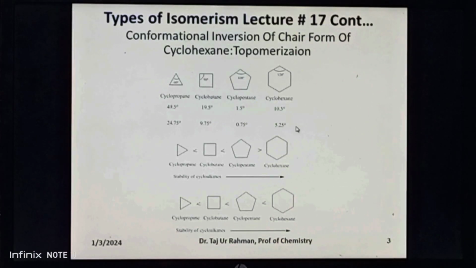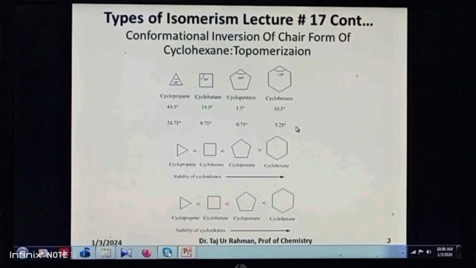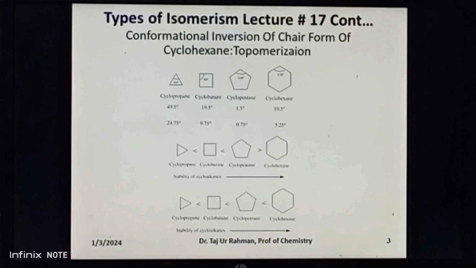This difference in the normal sp3 hybridized bond angle and the various angles of these cycloalkanes is known as angle strain. So according to Baeyer strain theory, the stability order of the cycloalkanes is this one, where cyclopentane is more stable than cyclohexane.